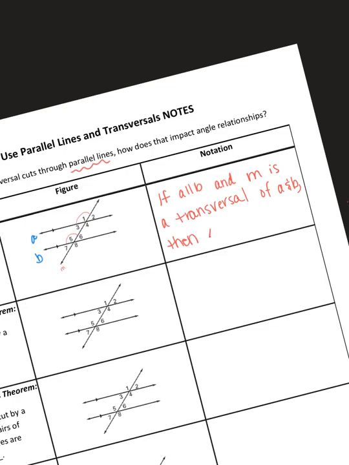For example, angle 1 is congruent to angle 5. Keep in mind that there are 4 pairs of corresponding angles: 1 is congruent to 5, 2 to 6, 3 to 7, and 4 to 8. All 4 pairs have congruence.